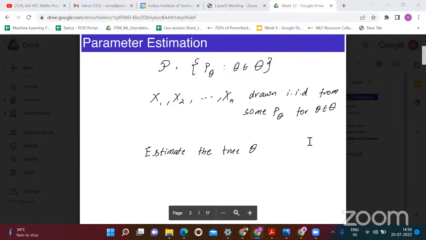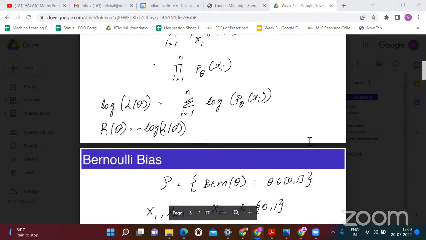There are many methods, like the Bayesian estimation you would have done, or the moment method, or simply the maximum likelihood method. Here we'll go to the maximum likelihood method, not the Bayesian or moments method. In the maximum likelihood method, we write the likelihood function.